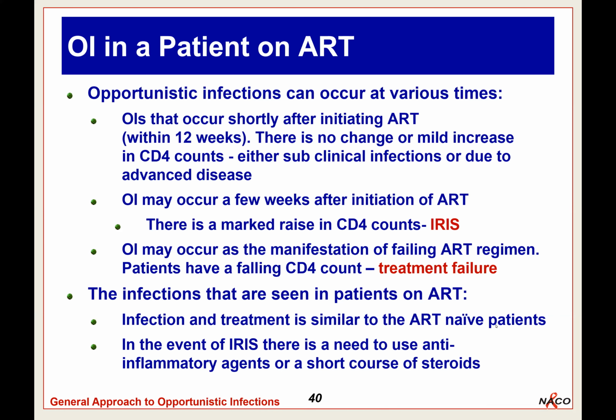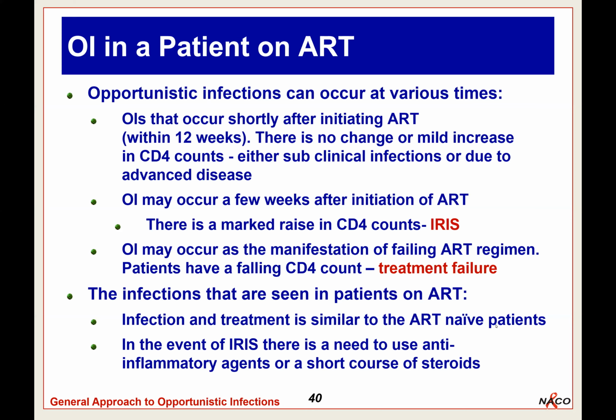Sometimes OI may manifest as failure of the treatment. So if the patient is on ART and doing well, and then there are adherence issues or whatever, and ART is not effective, then patients may get OIs again, because of treatment failure presenting with these OIs.